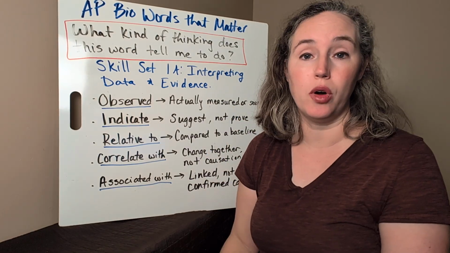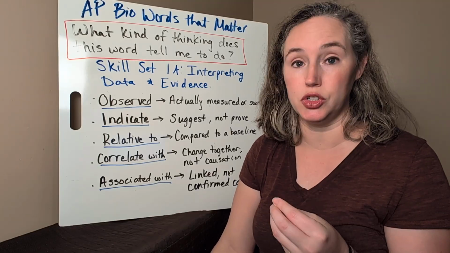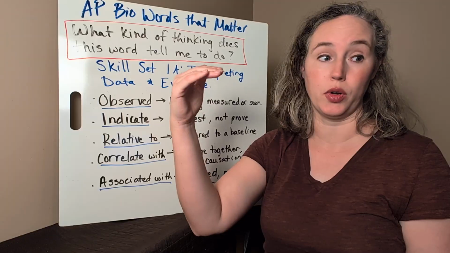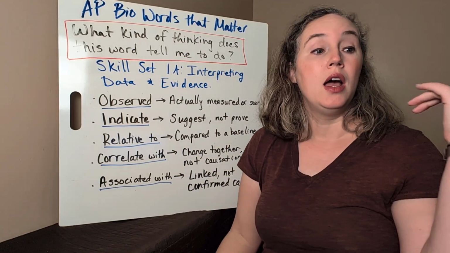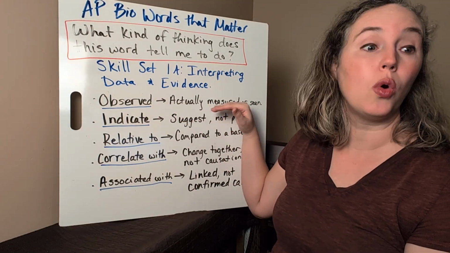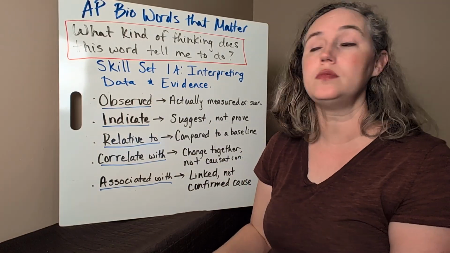So an example of a way you might see this on the AP exam is an increase in oxygen production was observed when light intensity increased. So what does that mean? We can hear in our mind an increase in oxygen production was measured or seen when light intensity went up.